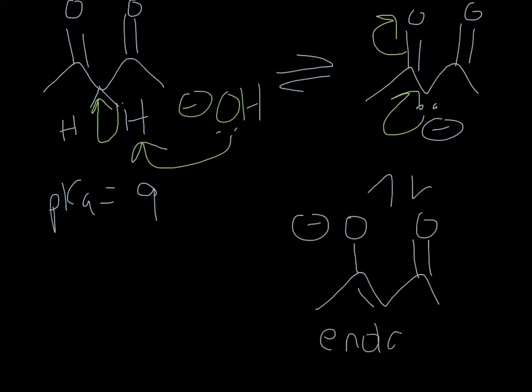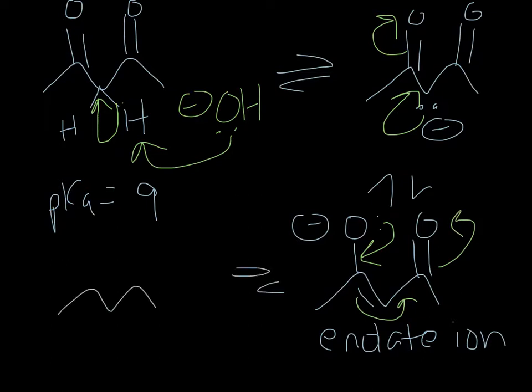This species with its resonance structures is called an enolate ion because it's charged. So an enol is neutral, an enolate ion is charged. We can take a lone pair on this oxygen, kick that down, kick these over, and kick that up because it's able to be resonance stabilized on that side as well. And that gives us this guy.